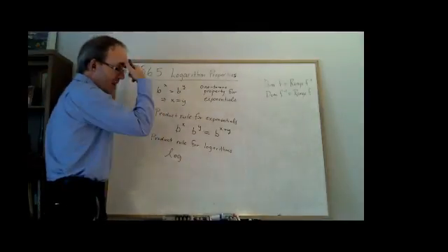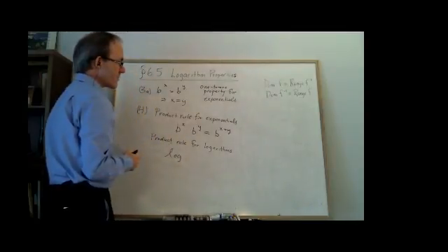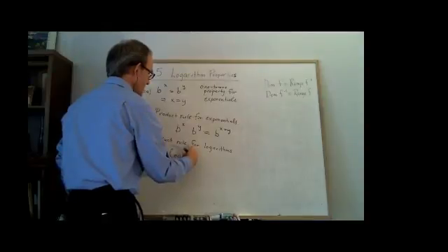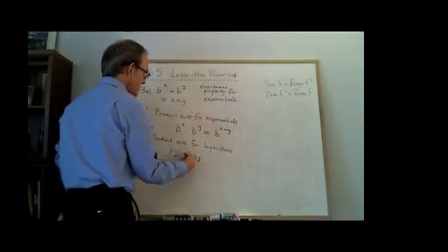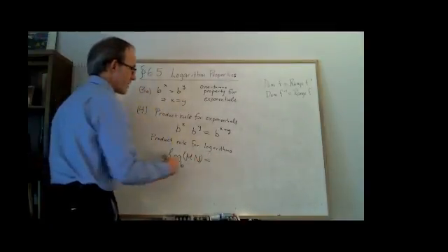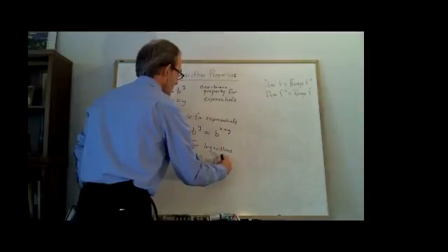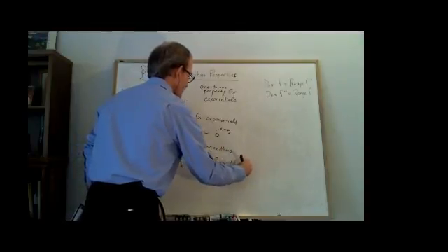Okay, so it's a power to which we have to raise b to get another number. And essentially what it translates to, as we'll see, is this log base b of m times n. So that's a product, not a sum. That gets changed into a sum of the logarithms.